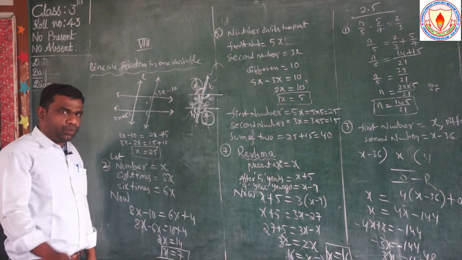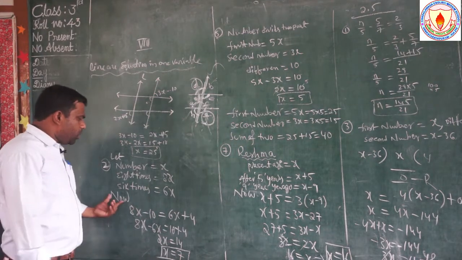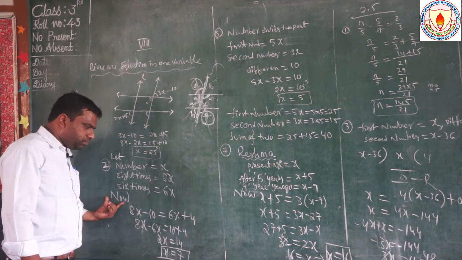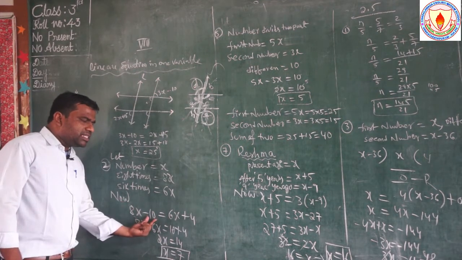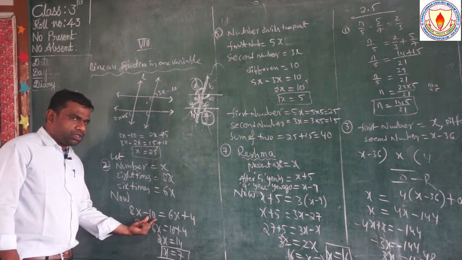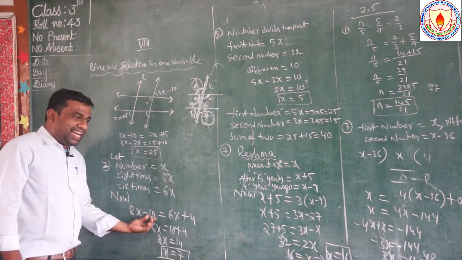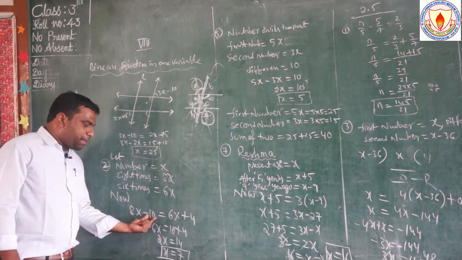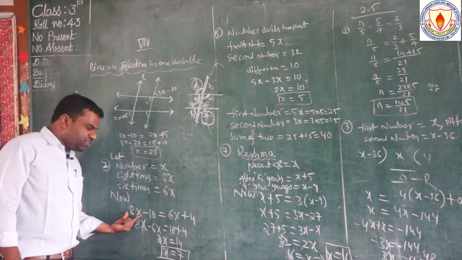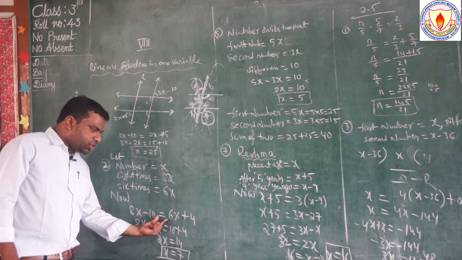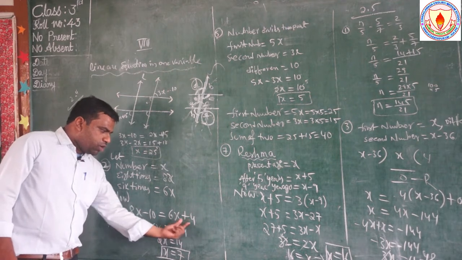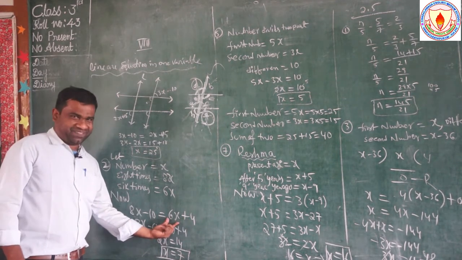Times means multiplication. Now according to the problem, 10 subtracted from 8 times the number is equal to 4 added to 6 times the number.